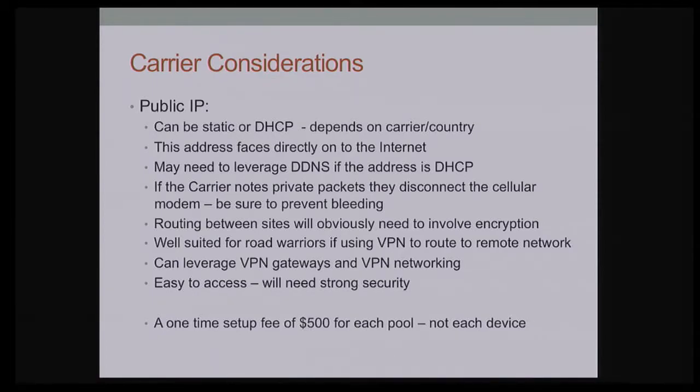It's easy to access, but it's got to be secured. There is a one-time setup for this type of account. It's $500. So if you call up the carrier and say, I want a private network, or I want a public IP, it's going to be $500 one time. And then as you add devices in, you just pay a monthly recurring fee on those devices.